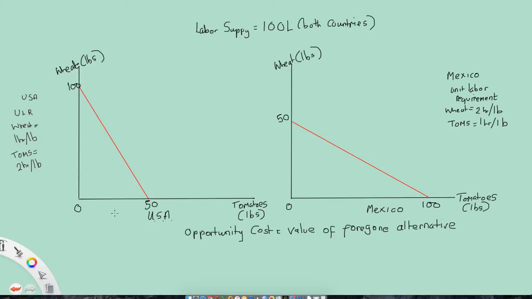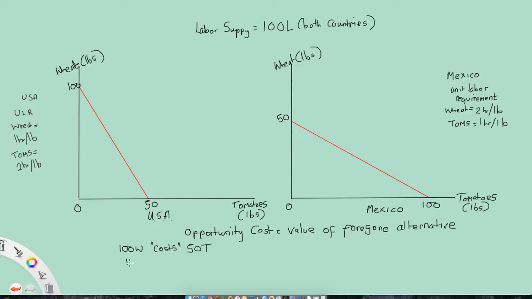All right, so in the US, if I wanted to make 100 pounds of wheat, it would cost me 50 pounds of tomatoes, lost tomatoes. So I can say that 100 wheat in the US costs, in inverted commas, 50 pounds of tomatoes.